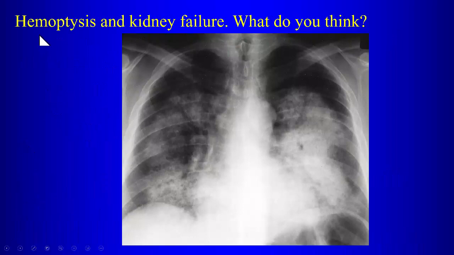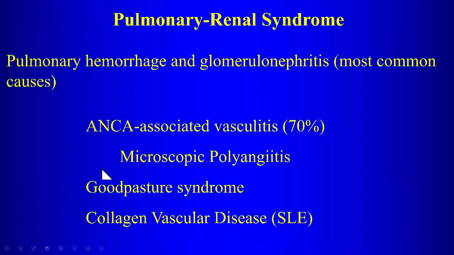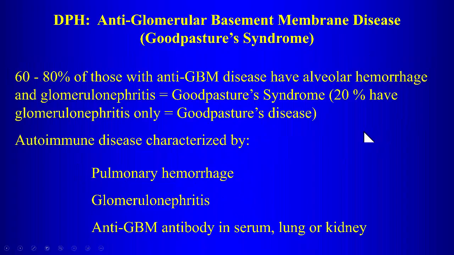If I tell you this patient has hemoptysis and kidney failure, has consolidations like that on the chest radiograph, we would think about Goodpasture. Yeah, Goodpasture syndrome, right? So with Goodpasture, these pulmonary renal syndromes, Goodpasture is one of them. There are others that can also be associated with renal damage, right? Goodpasture is the one we always think about.